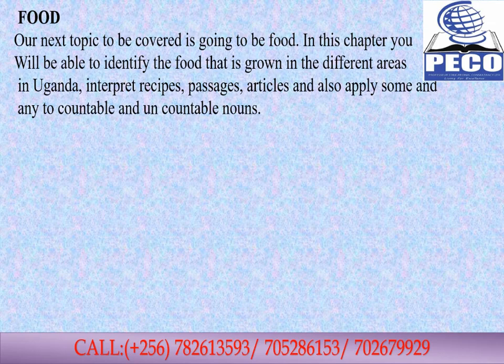I think you can see what we are talking about. The actual topic is food, and we've said in this particular topic we are going to identify the food that is grown in the different areas of Uganda. Where would you have found that in English, for example?